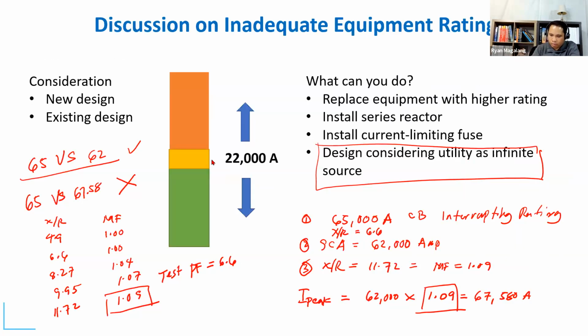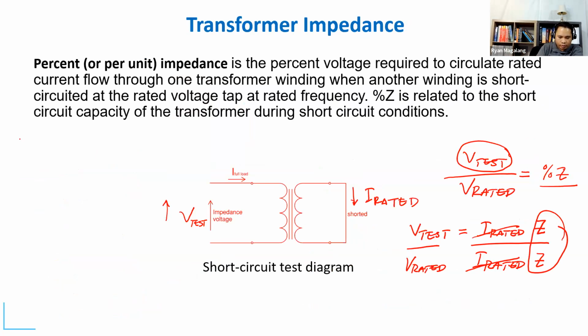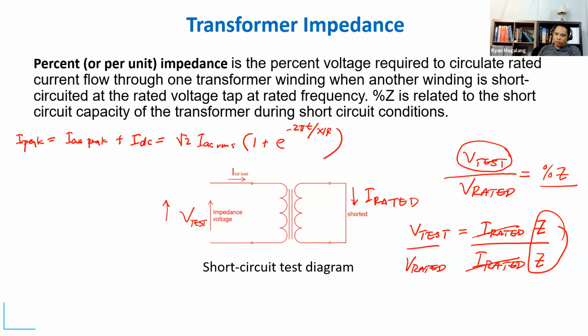A half cycle equation: I peak is equal to IAC peak plus IDC, which is also equal to square root of 2 times IAC RMS times (1 plus e raised to the negative 2 pi t divided by X over R).